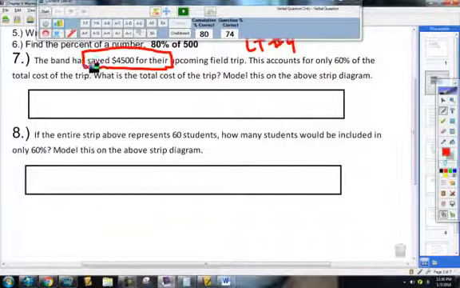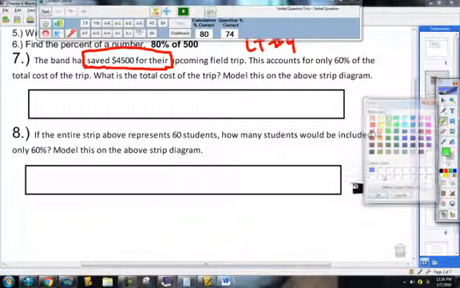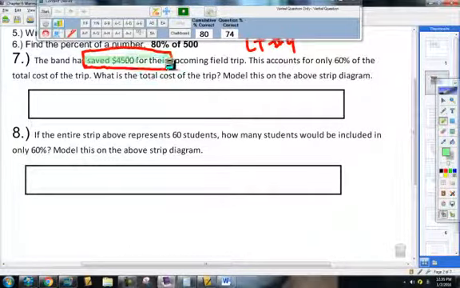So somebody tell me, what is 4,500 representing? No, hang on. Not necessarily true. I'm not looking for part or whole. It seemed like I was going to be asking for that, but I was more just asking that's representing the amount they saved. Do you guys agree with that? Yeah.